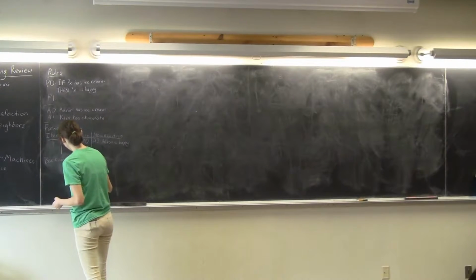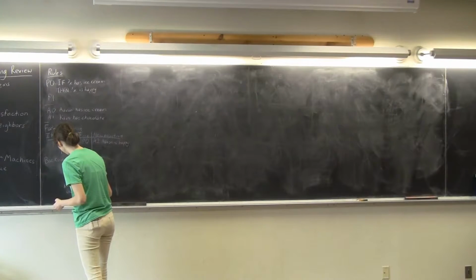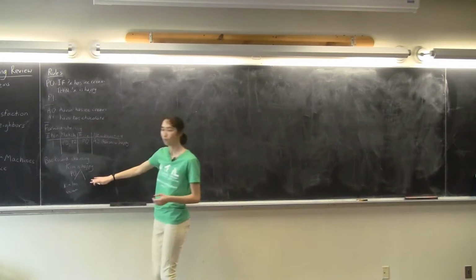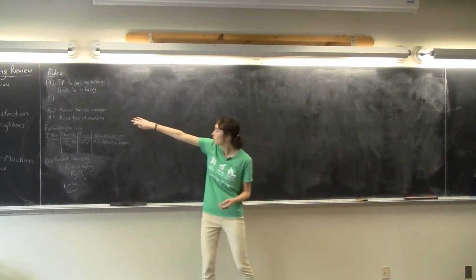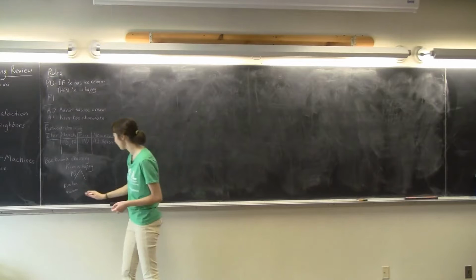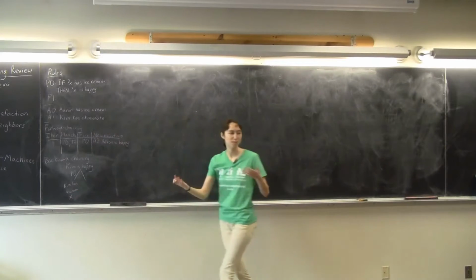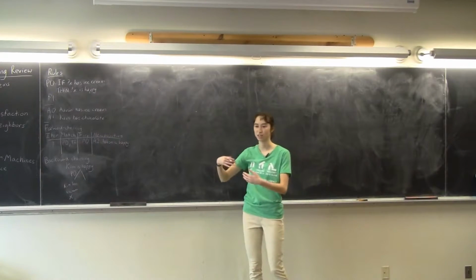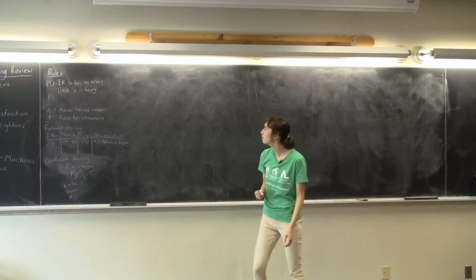So in this case, P0 can, if we have the assertion Kim has ice cream. But there might be other ways for Kim to be happy. So in this case, if we don't have a way to produce Kim has ice cream, then that would be false, but maybe there's some other way for Kim to be happy. So we could keep doing that until we prove or disprove the hypothesis.